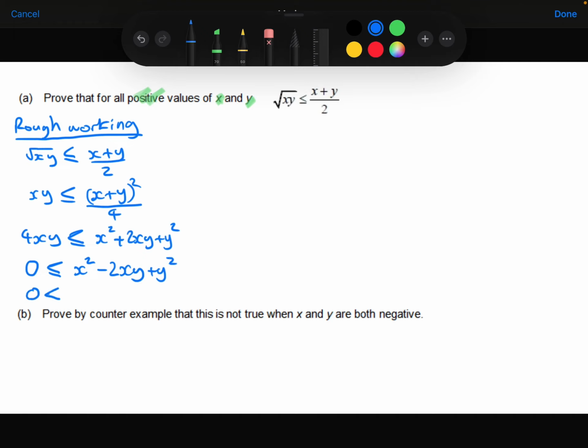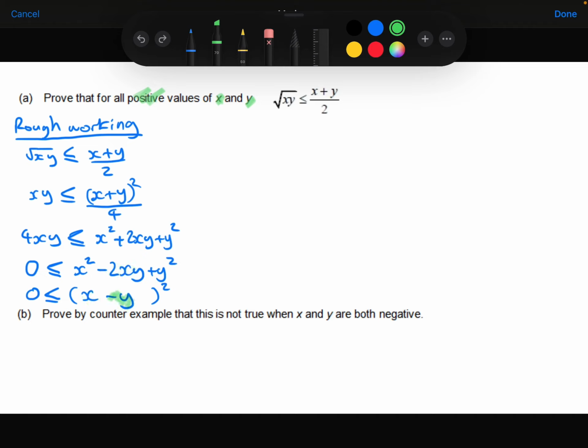And now I notice that I can factorise my right-hand side to be (x minus y) all squared. Because I've got the x squared, I've got the x times minus y, which is minus xy, but then there's 2 of those, so minus 2xy.